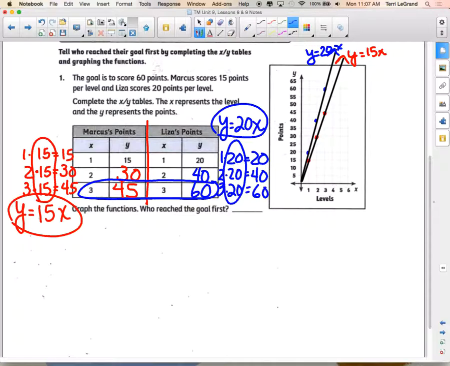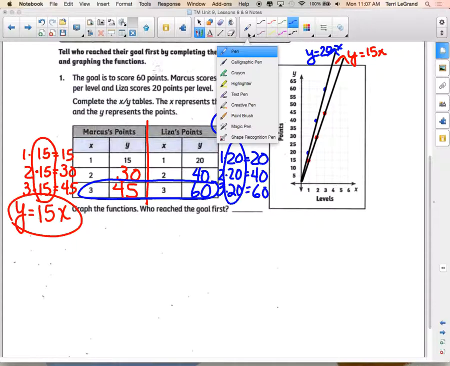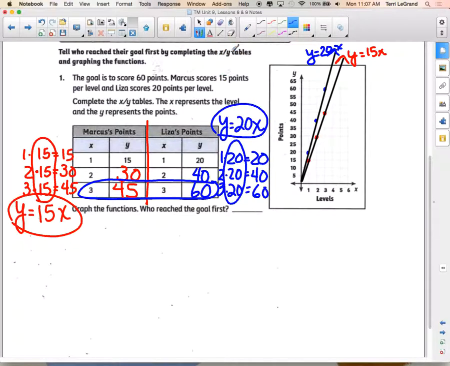So we go to 60 right here on the y-axis, and we say, you know what? If we just draw an imaginary dashed line going through that, it crosses through Liza's line right at the ordered pair (3, 60), and Marcus's line, he hasn't yet. When did Marcus get to 60 points? 4.